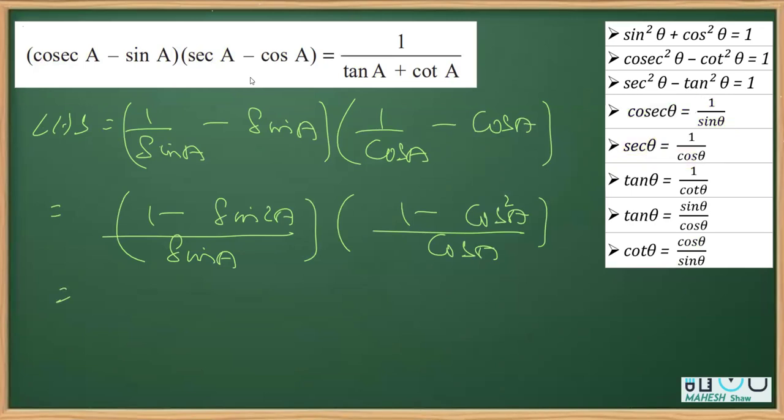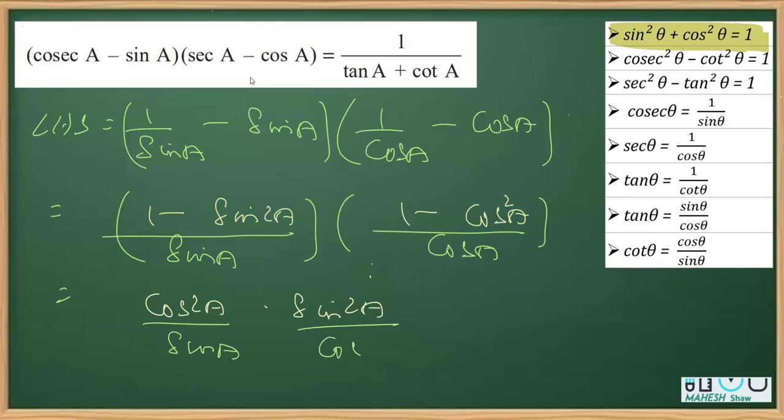Now, what you can see is that we can simplify it further. As you know, from the identity, I can write 1 minus sine square A as cos square A. And similarly, I can write 1 minus cos square A as sine square A. The remaining part I write as it is, with sine A and cos A in the denominators.